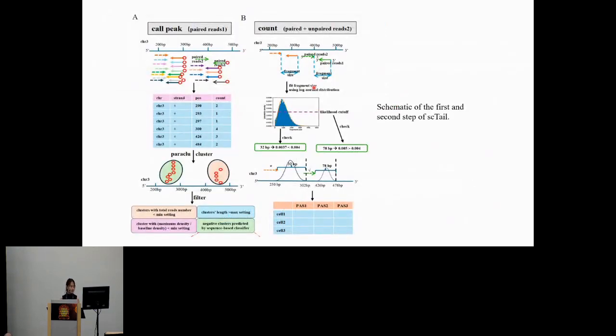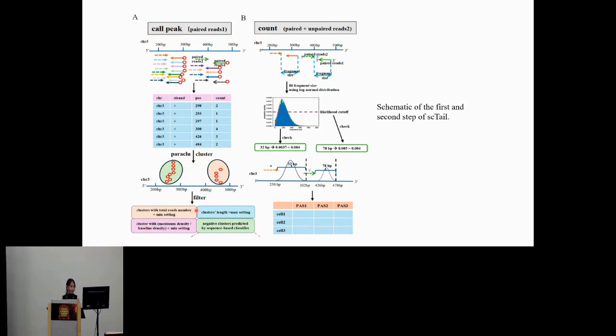Based on this discovery, we developed scTail, which can detect the polyadenylation site by just using the actual cDNA in Read 1. It includes two steps. The first step is peak calling. We first decompose the BAM file into the count value for each position, and then we do the clustering.